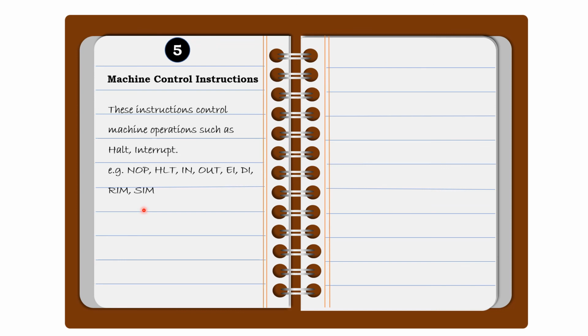In this video, the total 5 groups of instructions that we learned are: the data transfer group, the arithmetic group, the third one is the logical group, the fourth is the branching group, and the last, that is the fifth one, is the machine control group of instructions.